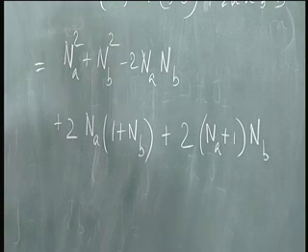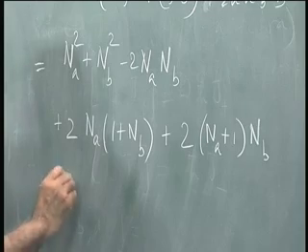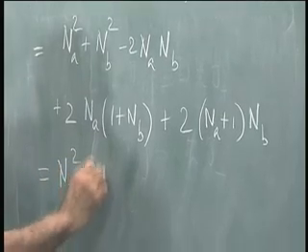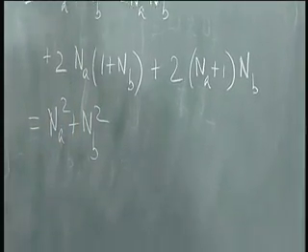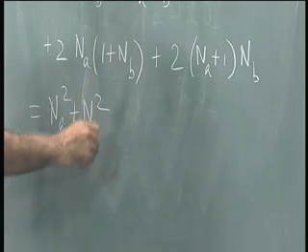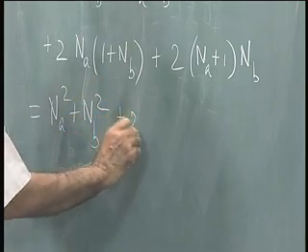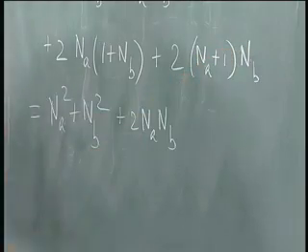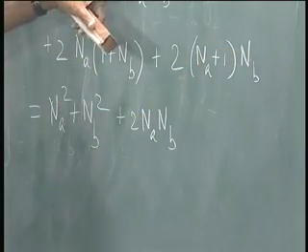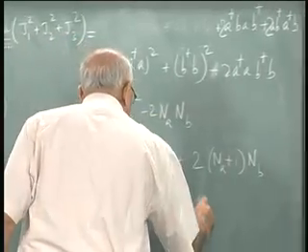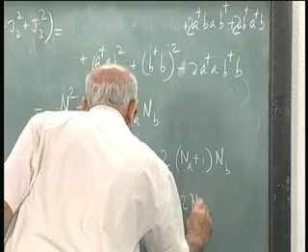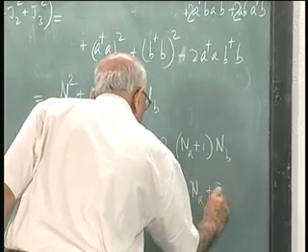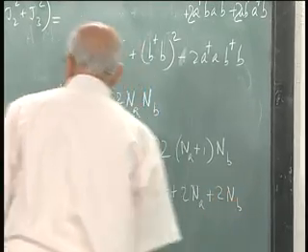So this is equal to n_A squared plus n_B squared plus twice n_A n_B, that is this portion, this 2 n_A n_B cancels with that guy here, plus twice n_A plus twice n_B.